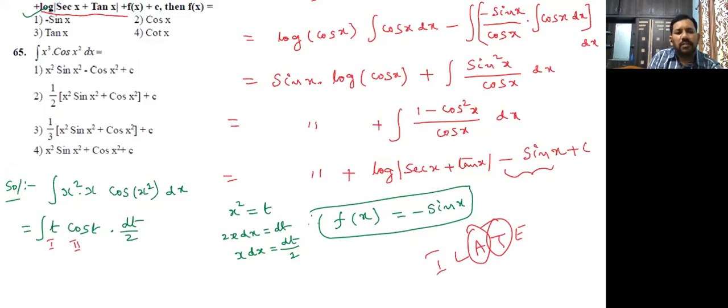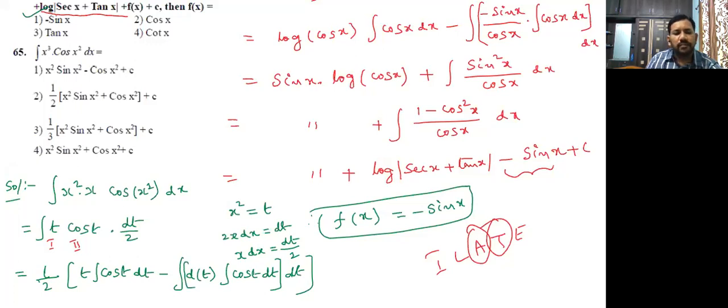Now here 1 by 2 is there. First write 1 by 2 into t integration cos t dt minus integration of the derivative of t, integration cos t dt, whole dt.